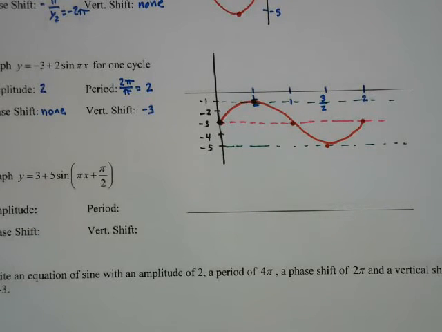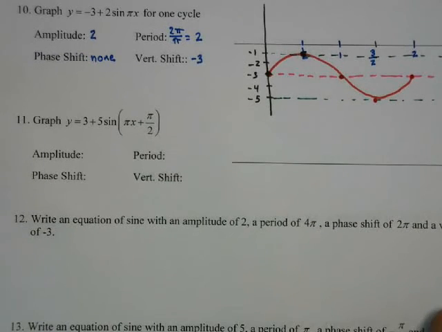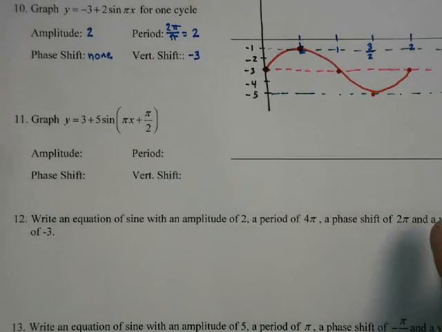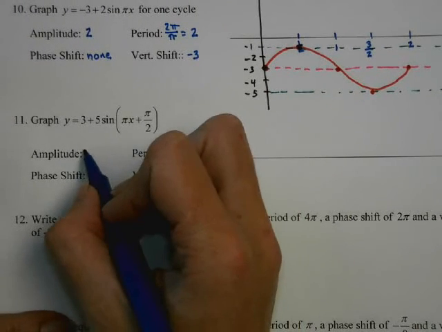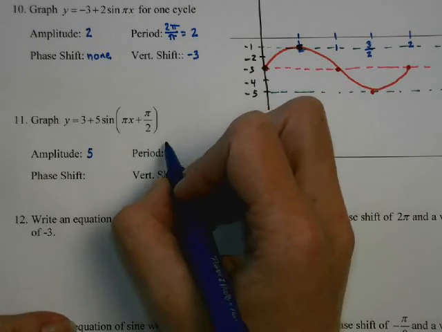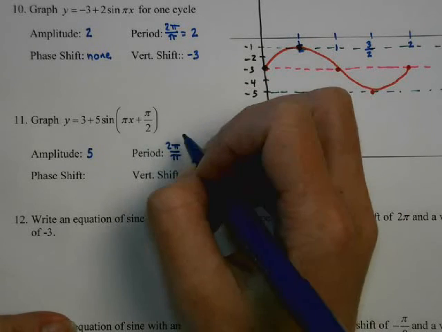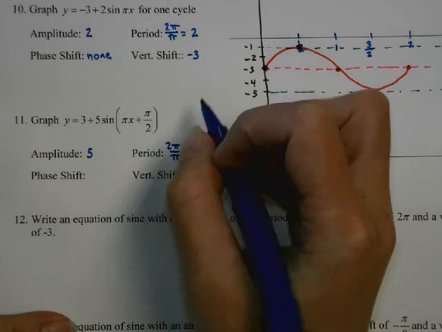Okay, so now we're going to do one that has both a phase shift and a vertical shift. So our amplitude is 5. The period is 2 pi over pi, which is 2.